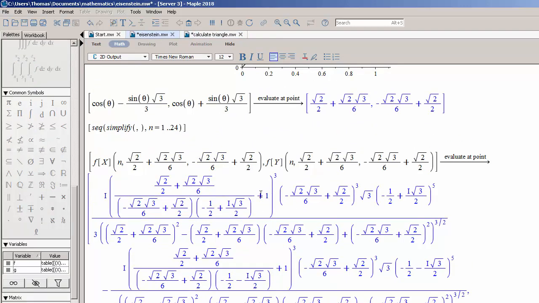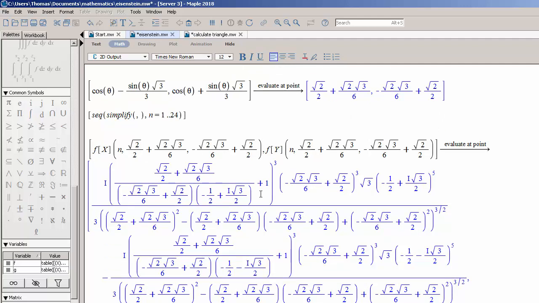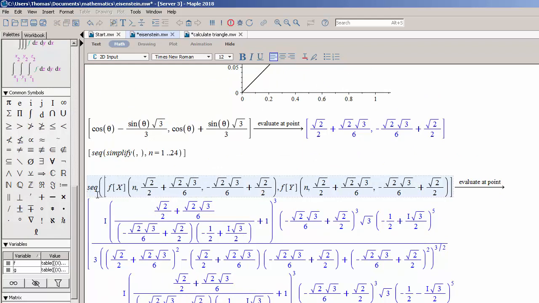We could do an entire set of vectors just so you can see how nice these look, I guess. Make this a sequence. And we'll simplify it.